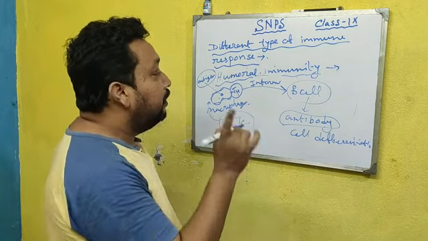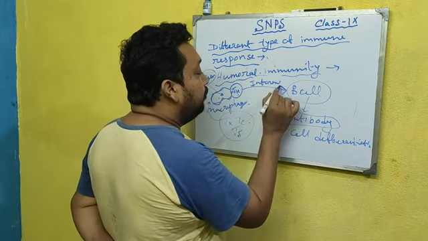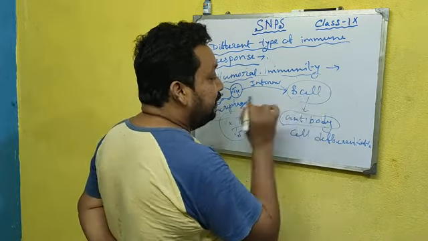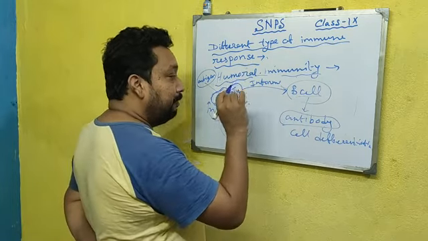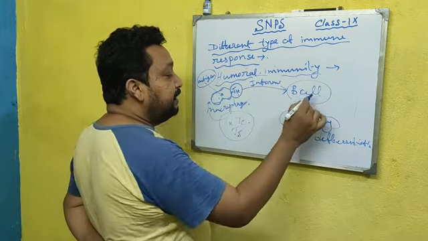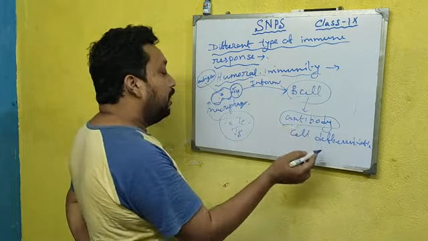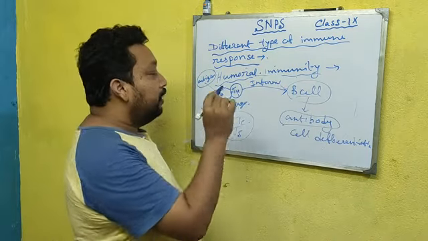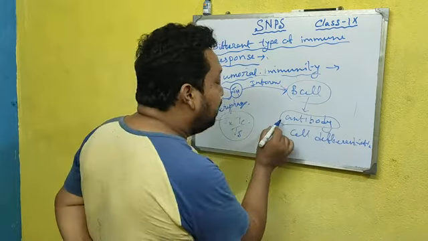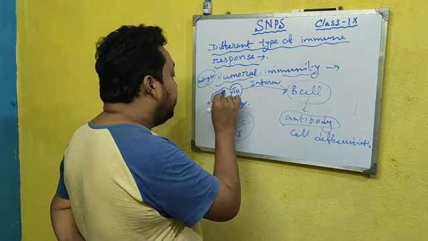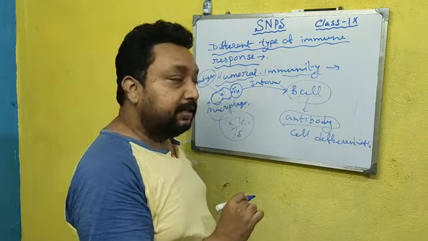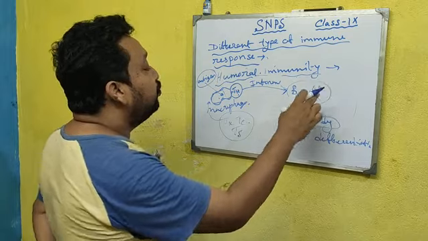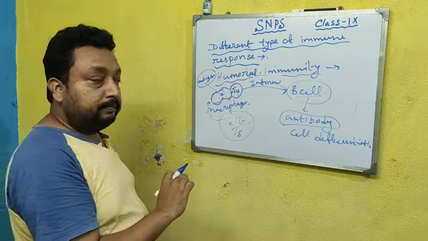When it fails, then the T helper cell informs the B cell, and depending upon that information, the B cell produces the antibody according to the type of antigen, and that antibody kills the antigen. This is humoral immunity.